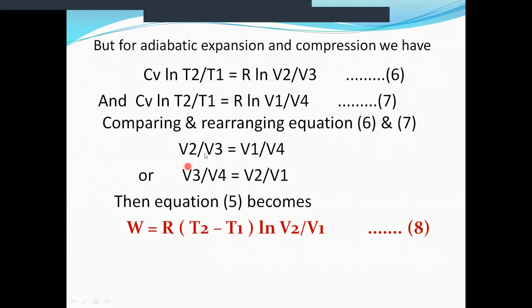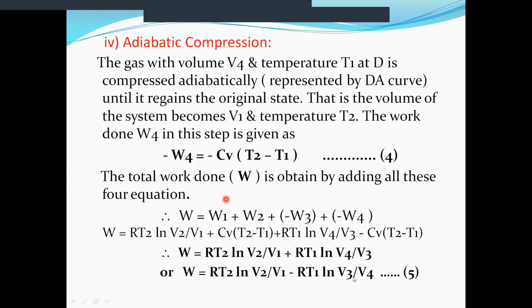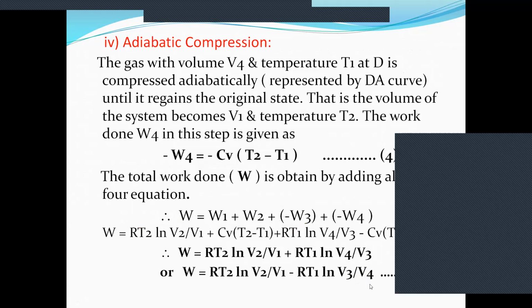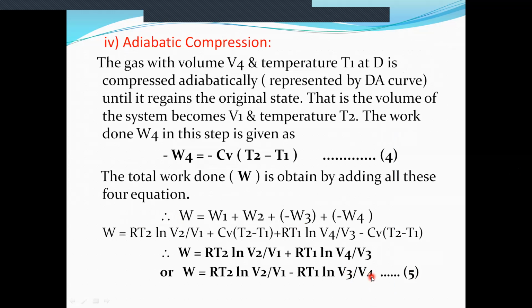Now again rearranging this. Why are we rearranging? Because in equation 5 we have V3/V4. So we rearrange such that we obtain the value of V3/V4. In equation 5, W is equal to the total work done in the Carnot cycle, RT2 ln V2/V1 minus RT1 ln V3/V4.